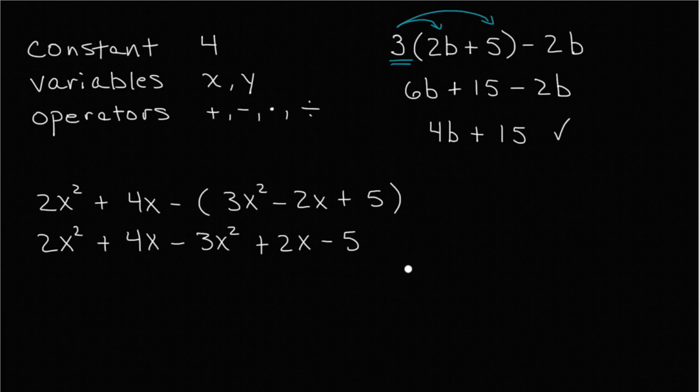Now we can combine like terms. 2x squared minus 3x squared is going to give us a negative x squared, negative 1x squared. We can also combine the 4x and the 2x to get 6x. And the last term that we need to bring down is the minus 5. So that would be the fully simplified expression.